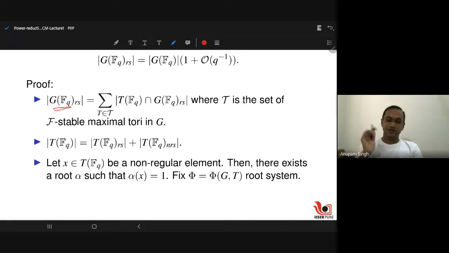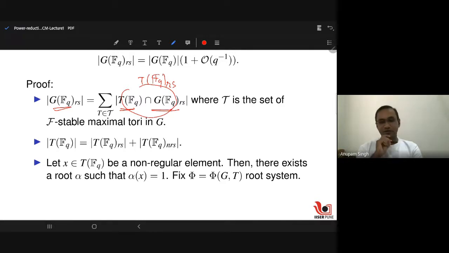So I can simply write G(F_q)^rs as a summation over a maximal torus T of T(F_q)^rs, and you vary over all possible maximal tori. Because a regular semi-simple element belongs to a unique maximal torus, this is a full sum.